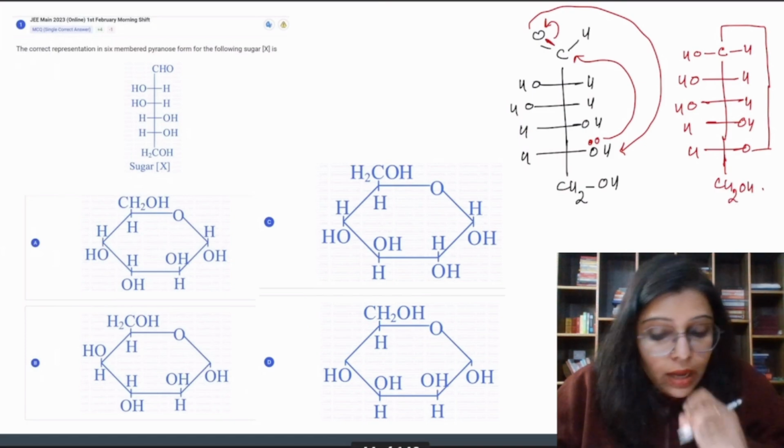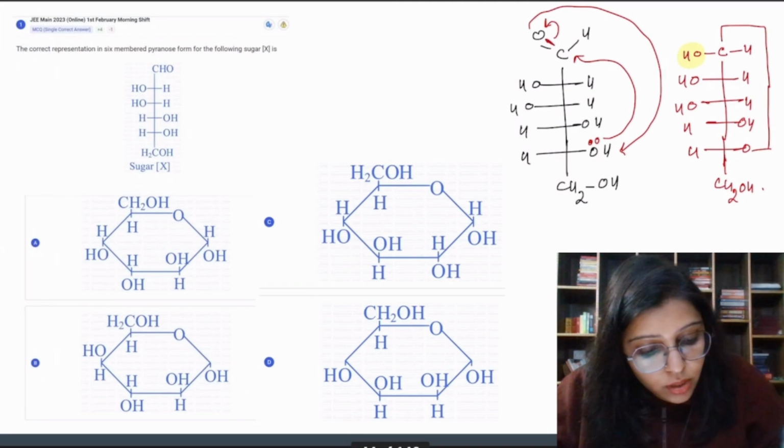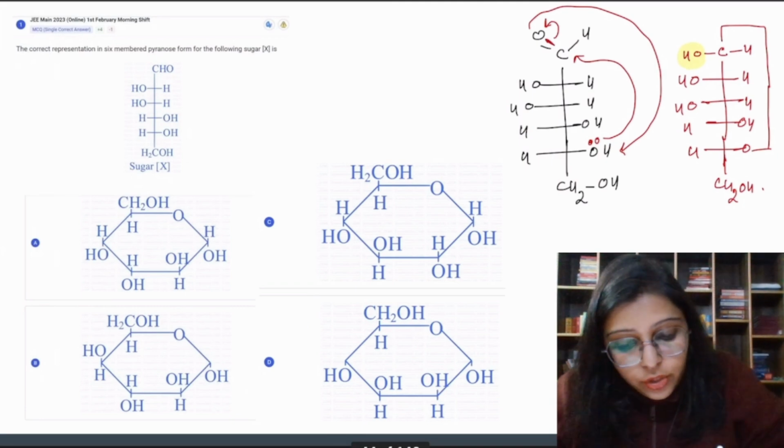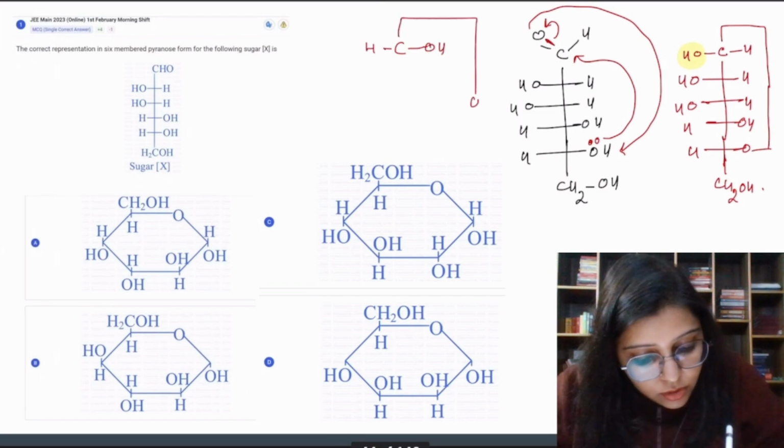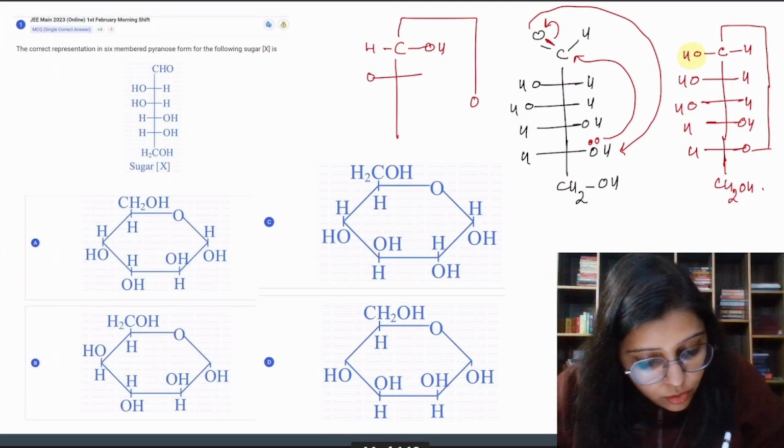Okay, now here OH is on the left hand side, this OH can be on the right hand side also, so we can write C, OH, H, oxygen, OH, H, OH, H, HO, H, now this H and this O, and then CH2OH.